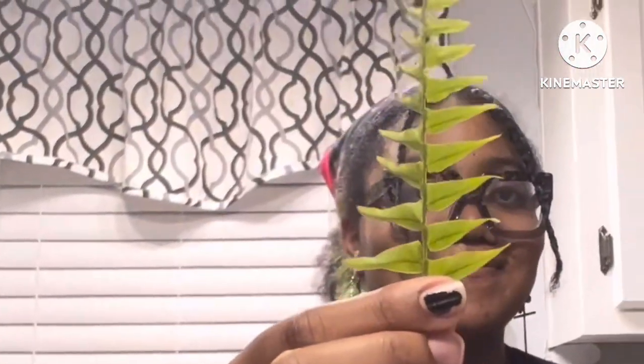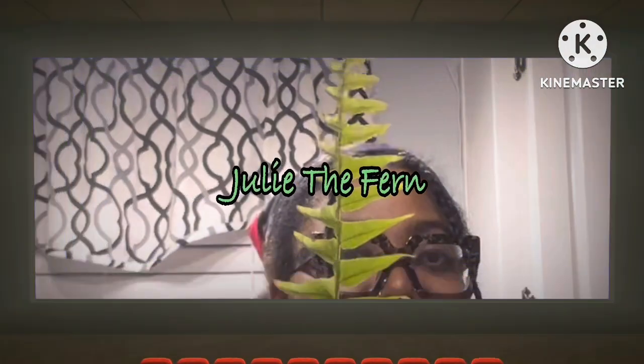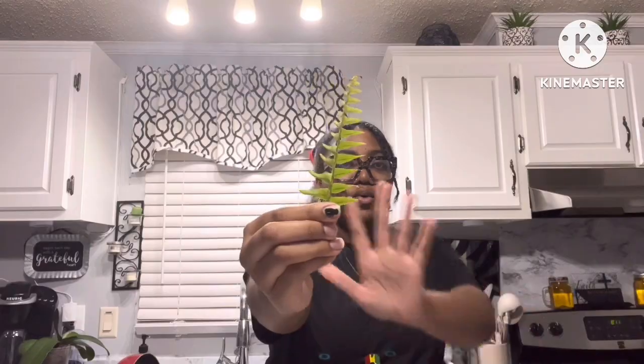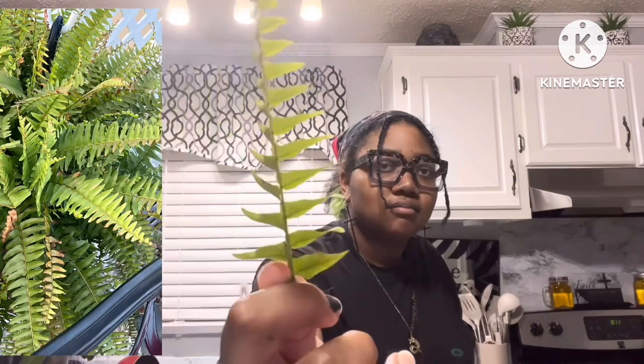Okay, moving on to the Phylogenetic. I'm not going to try to say the first name, so we're going to call her Julie the Fern. Ferns like Julie are found in terrestrial forests. I'm actually starting to notice a pattern here. I found this fern outside my grandmother's home because she likes keeping plants everywhere.